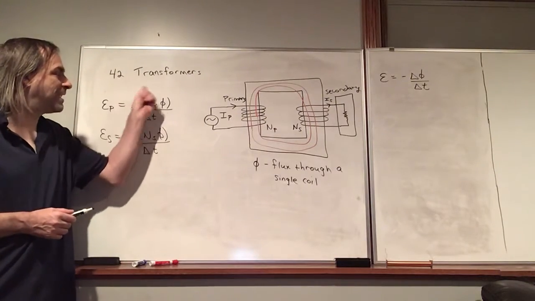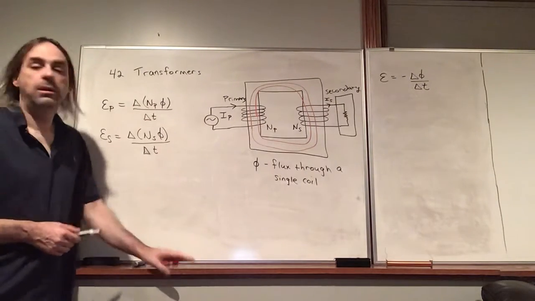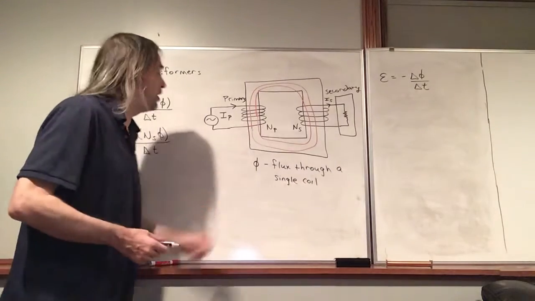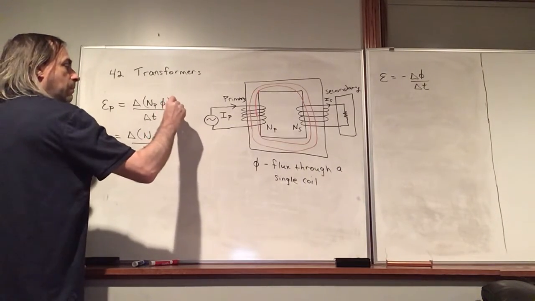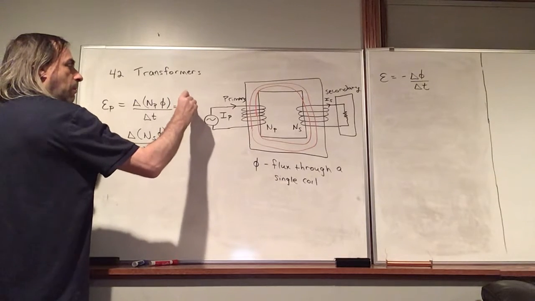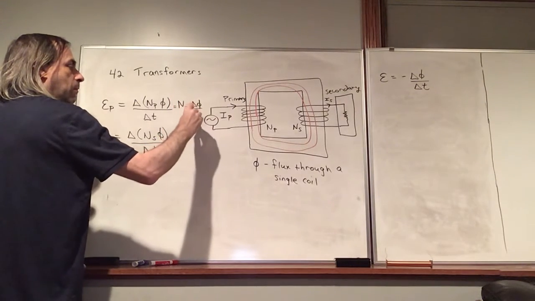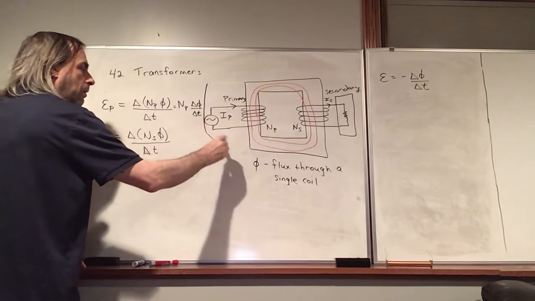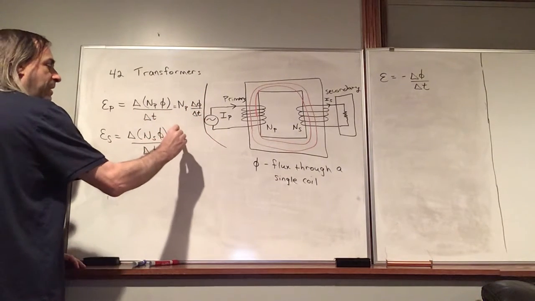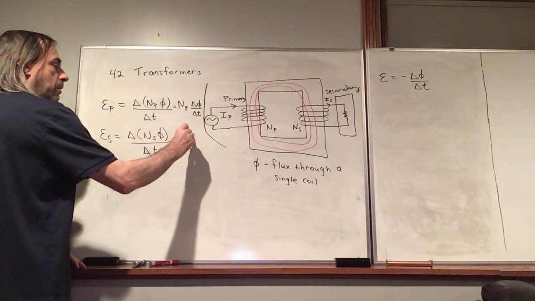So if one of these things is constant, like the N, the number of turns, that's not going to change. So we can take that out. Okay, and we can take that NS out here.